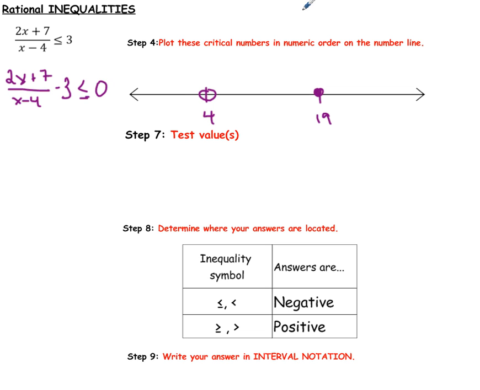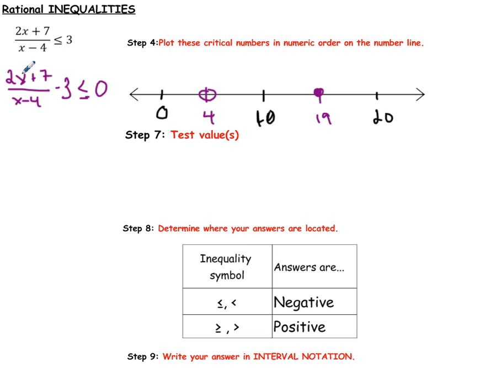Okay? And I'm going to pick my test points. Again, one of them is going to be over here. 0 is a nice one to use. 10's a nice one to use in between. And on this side, I'm going to use 20.